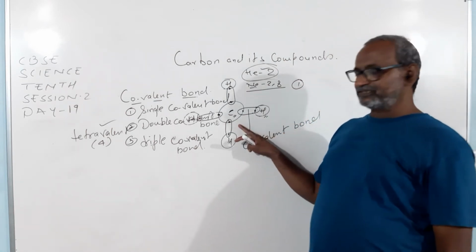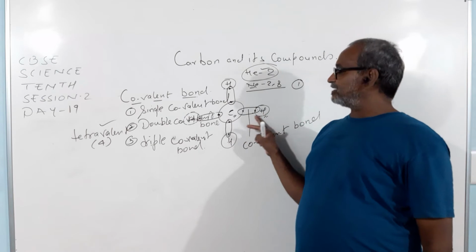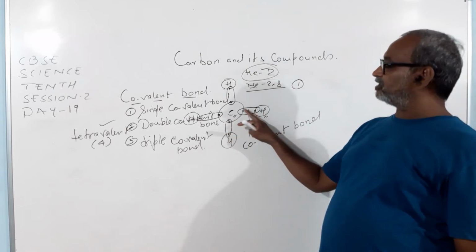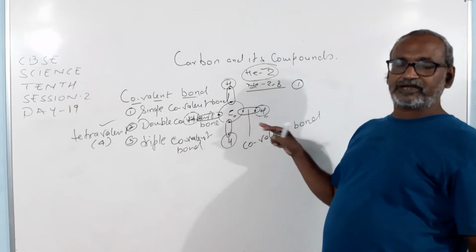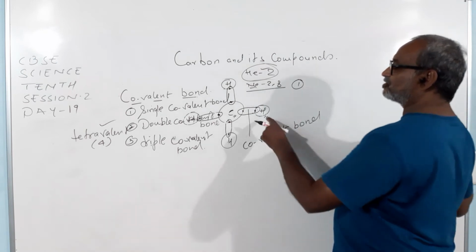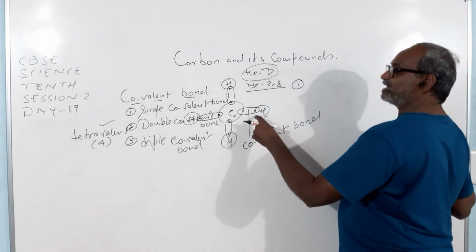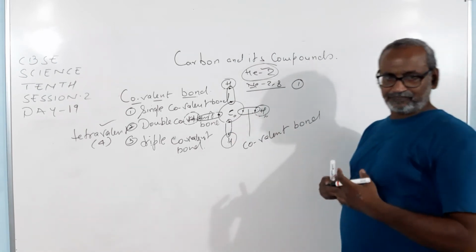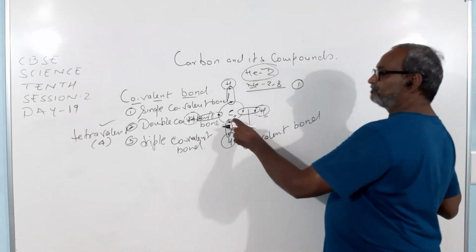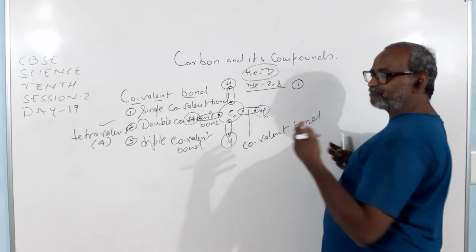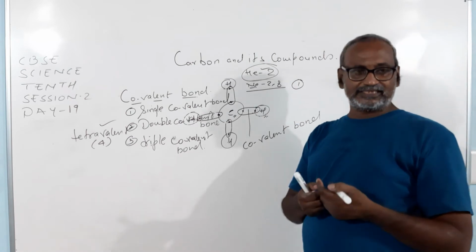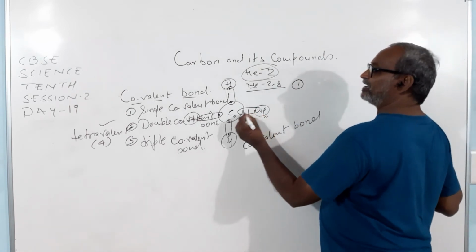In this case, you can see that carbon atom and hydrogen atom are sharing only one pair of electrons between them. Therefore, a single covalent bond is formed between carbon and hydrogen atom. Actually, carbon atom and hydrogen atom are bonded together. They attract each other due to this shared pair of electrons.